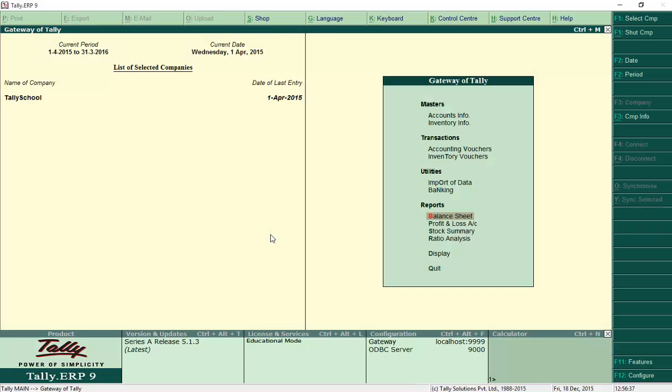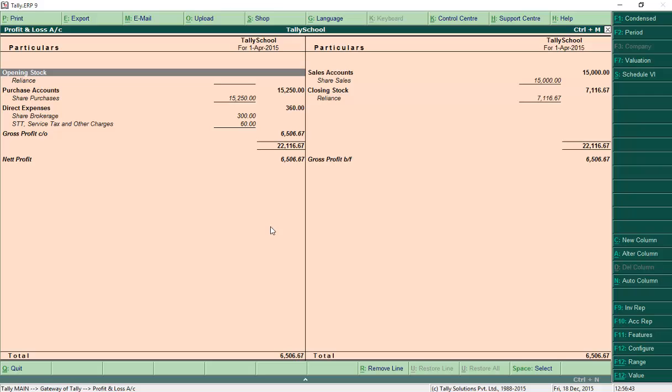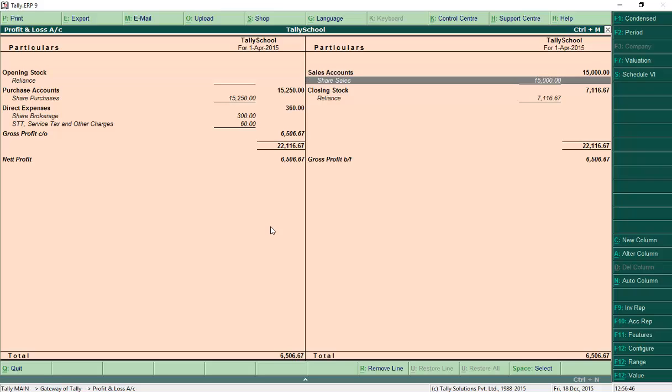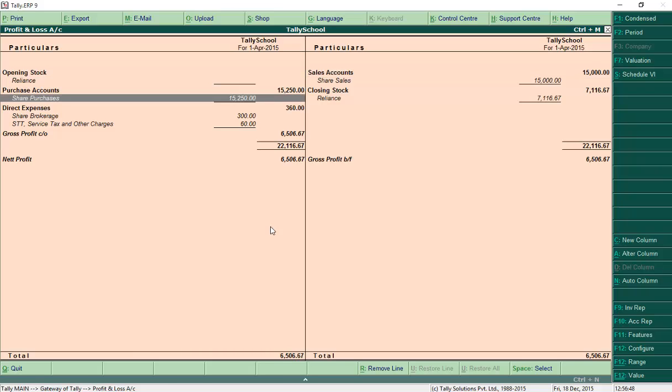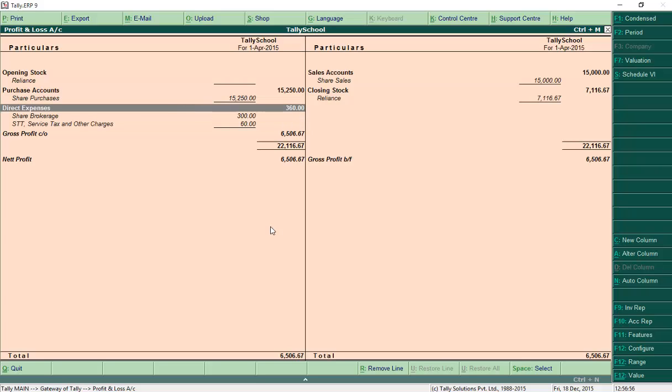So press escape and let's look at profit and loss account. Press Alt plus F1. Now this is pretty much same. Share sales, share purchases account have been increased, and brokerage and service tax and other charges also been increased. Now service tax is not showing here because we have differently created the ledger of duties and taxes, so it will be shown in the balance sheet.